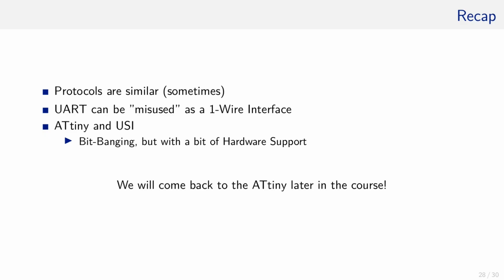But so far, what did we learn in this chapter? We saw that some protocols can be misused to mimic other protocols they are not designed for originally. And we talked about the Universal Serial Interface integrated into the ATtiny, which is a superset of functionalities for various serial protocols such as UART, I2C and SPI.